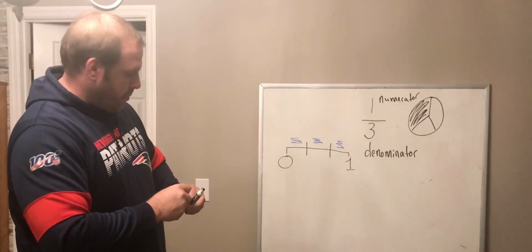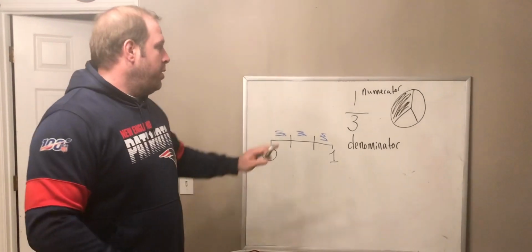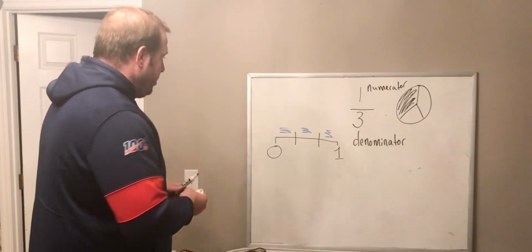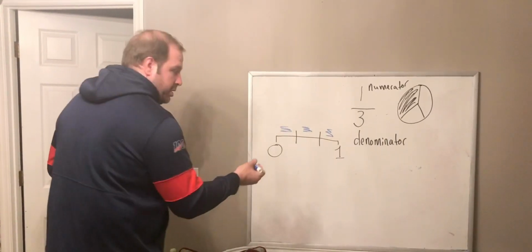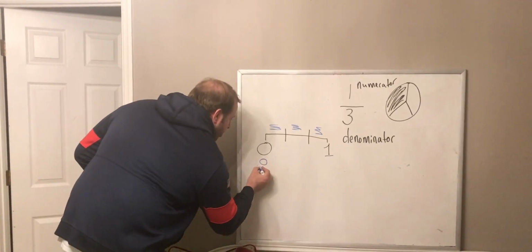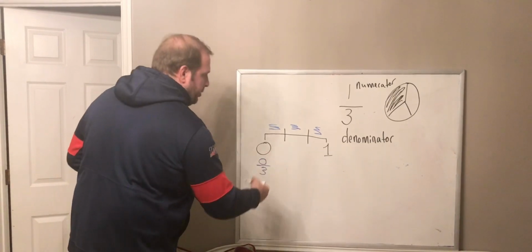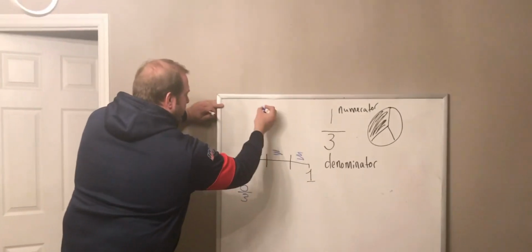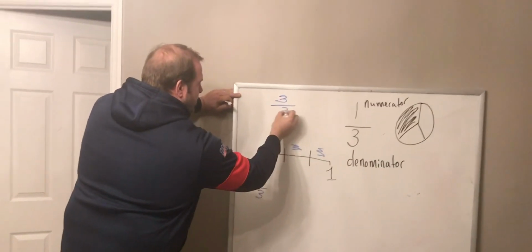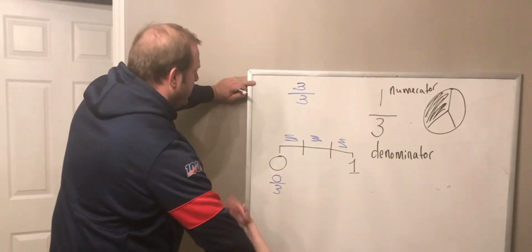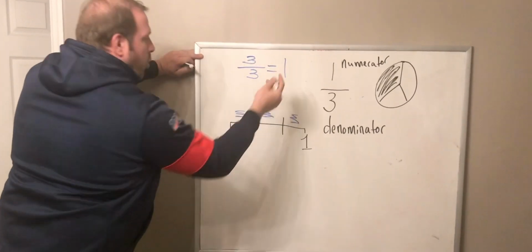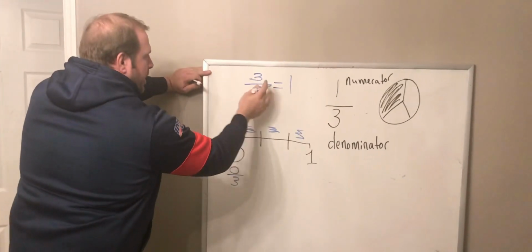Now, what we want to do is label our fractions. If we are using thirds, this starts off easy. We have 0 thirds, because it's the number 0. And if we remember, any whole number over itself equals 1. 3 thirds equals 1 whole.